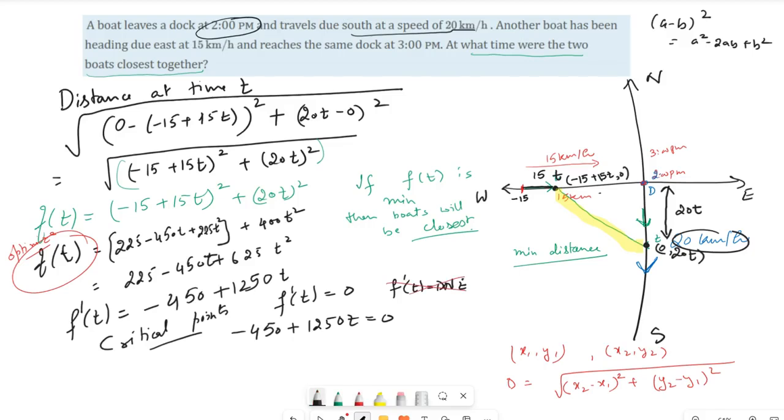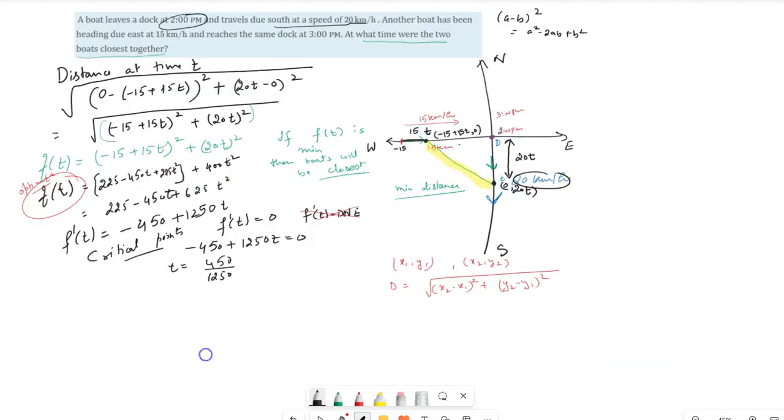It exists everywhere. So t is equal to 450 divided by 1250. Using the calculator, this is given as 0.36. This is in hours because the time was in hours. So at 0.36 hours, the distance would be the minimum, because that is our critical point.